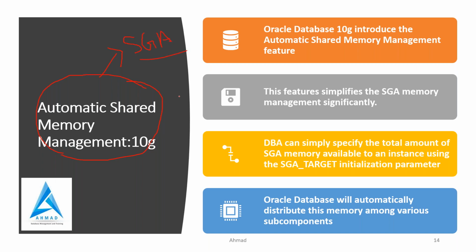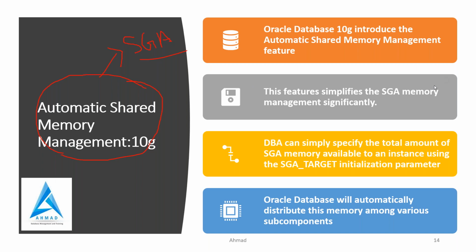We hear right now that 19c is an autonomous database and so on, but automation actually started from 9i. This is the second step in automation, in 10g. When I say it manages the whole SGA, it means it manages some memory components automatically.